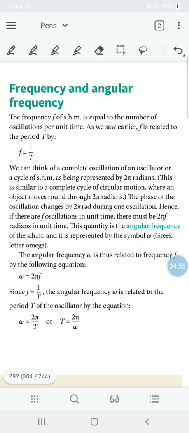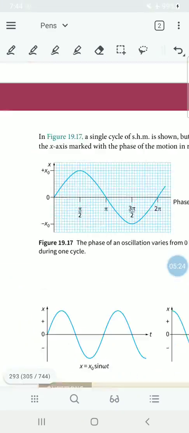Omega stands for the angular frequency, 2 pi f. So there are basically two equations that you need to remember: omega equals 2 pi f, and then T equals 2 pi upon omega, or omega equals 2 pi upon T, depending on the situation. But that is the same variation of omega equals 2 pi upon T. So those two equations you must know.